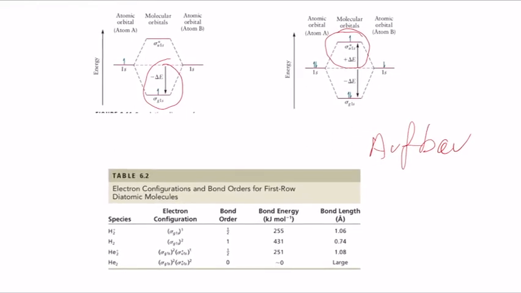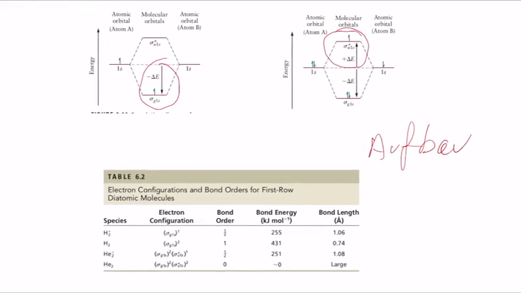Okay? So for H2 plus, we have this case, and we see that we have the electronic configuration sigma g 1s, 1 electron. The bond order is going to be a half. We see the bond energy and the bond length.